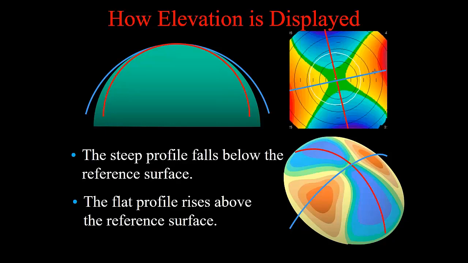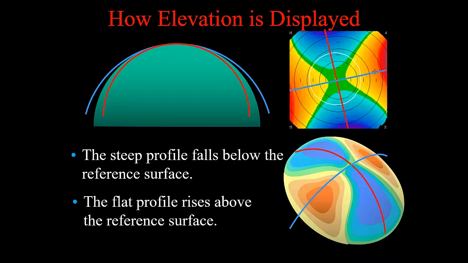And then the question is, how do we display elevation to make it somewhat intuitive for the user? There are multiple different ways you can display elevation. However, the most common is to display it against a reference surface, and the most common reference surface is a best fit sphere.